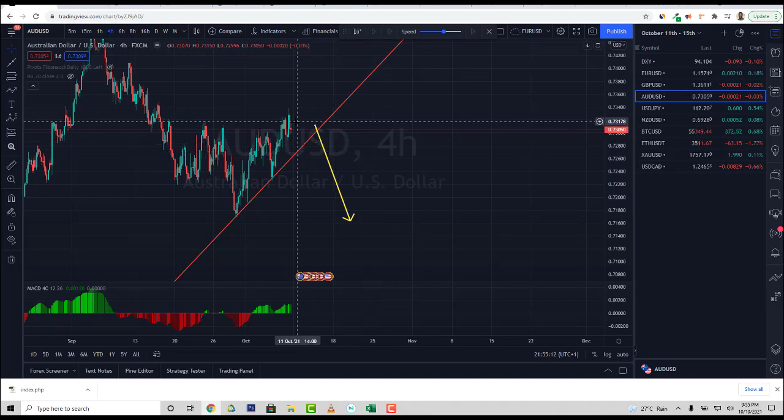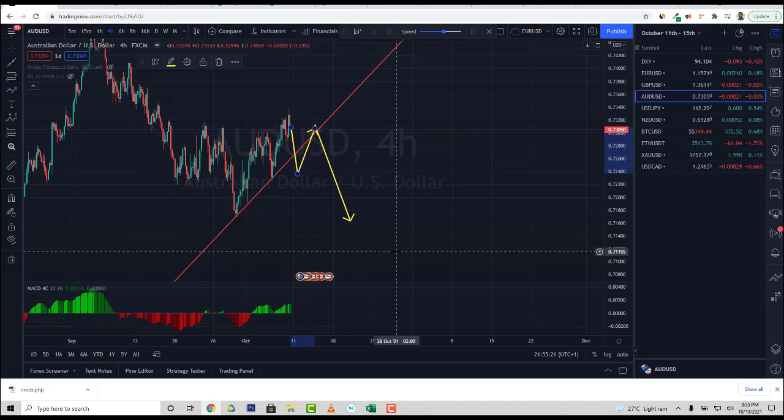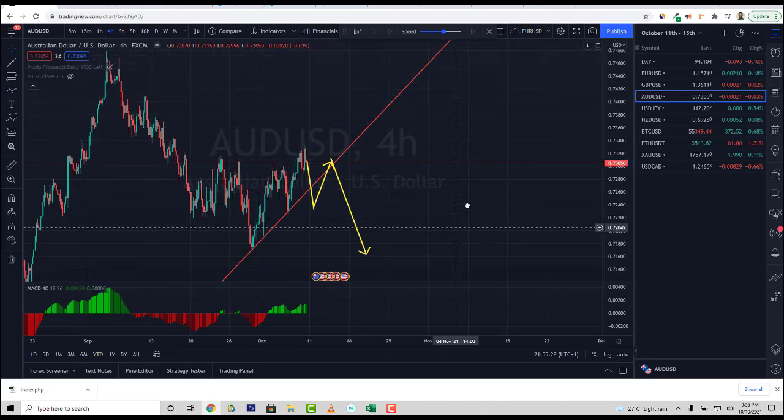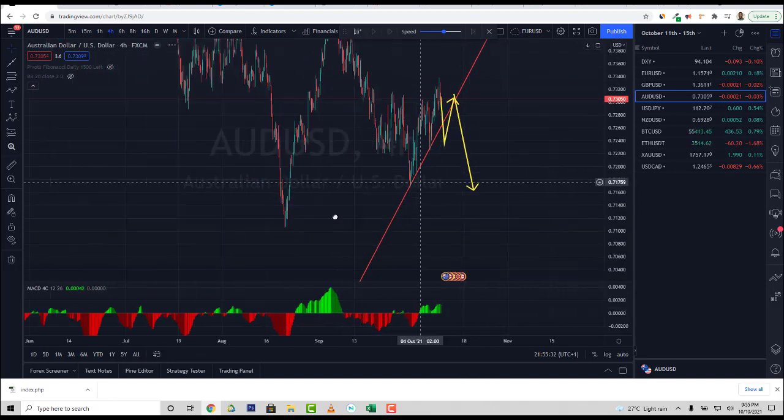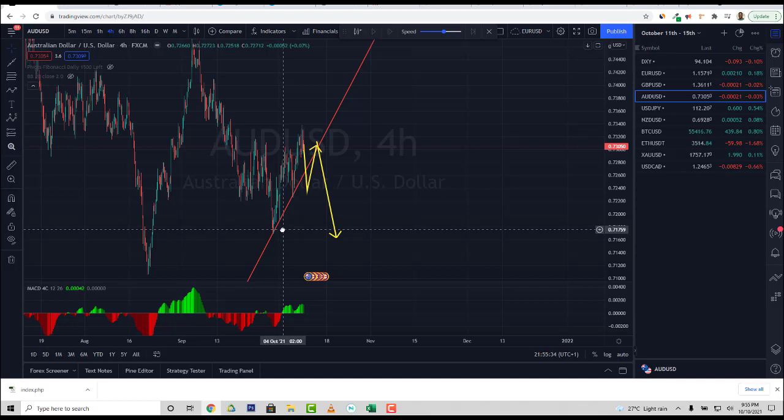So the setup I'll be looking for is right here. We've got an impulsive move, a correction, another impulse. For me to get into this sell trade, this has to come down here to break, then retest, of course, to this level before I take this sell. All right, so that's what I'll be expecting for the Aussie.